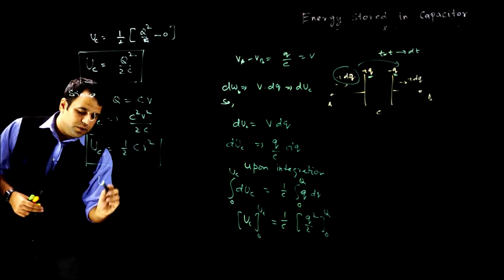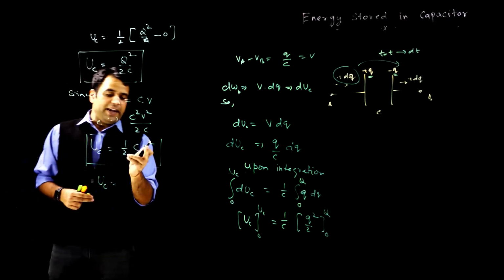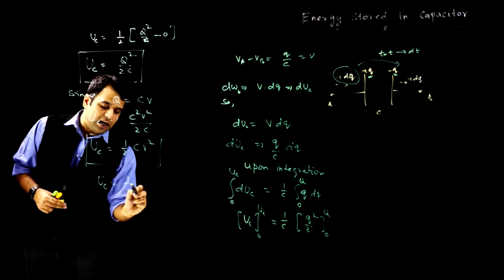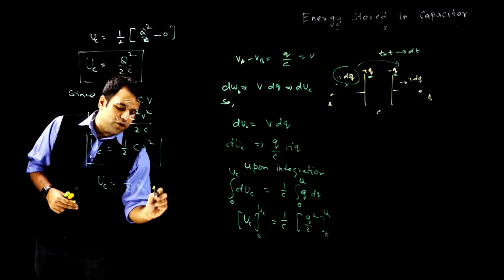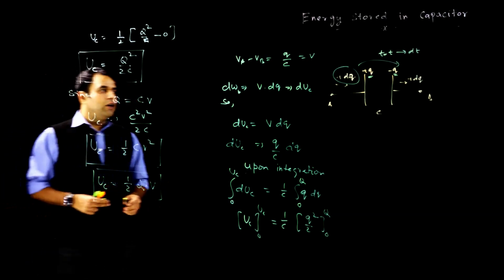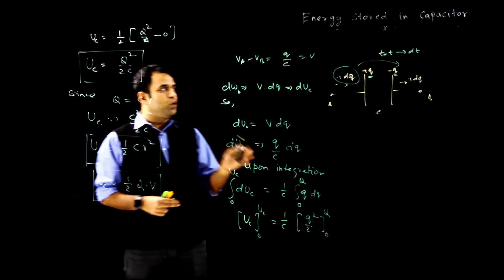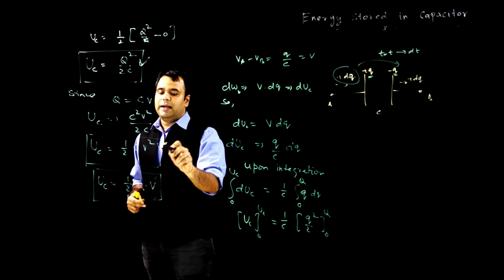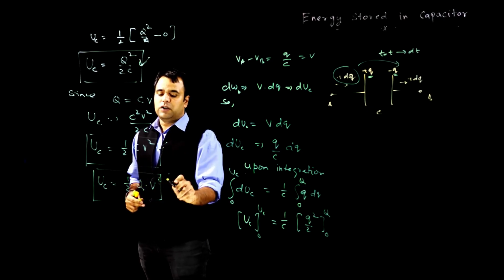Or we can take one V from here, so CV can be written as Q, and that becomes half of Q times V as well. So now we have 3 formulas for the electrostatic potential energy stored in the capacitor: one in terms of Q and C, one in terms of C and V, and one in terms of Q and V.